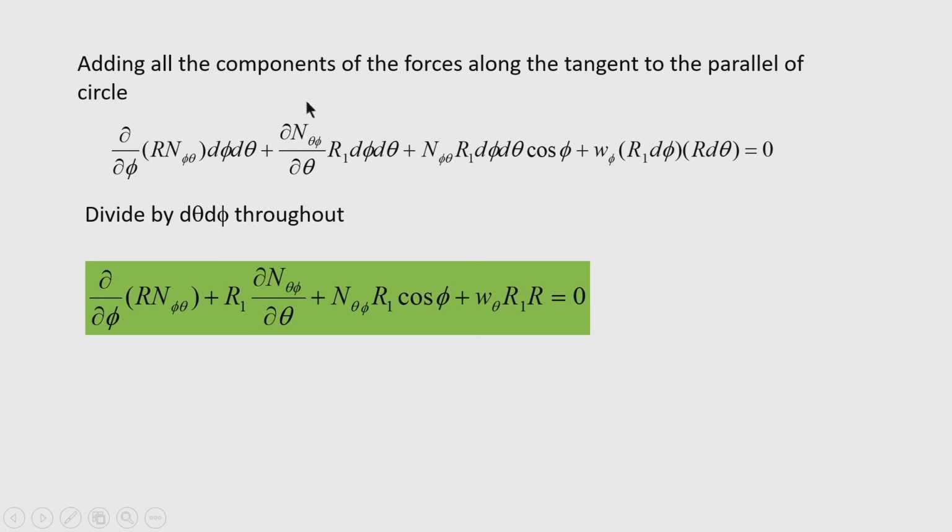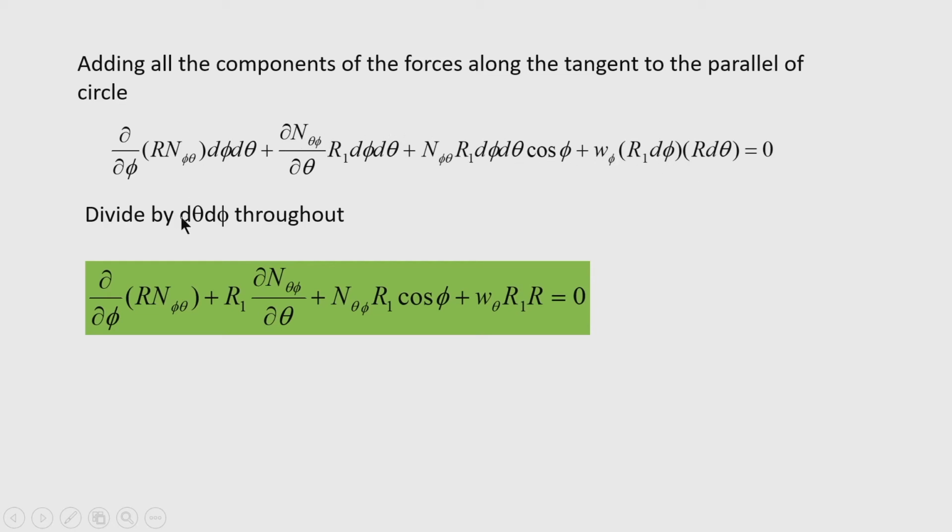Then, adding all the components of the forces along the tangent to the parallel circle, we now get del by del phi of r n phi theta into d phi d theta, plus del n theta phi by del theta into r 1 d phi d theta, plus n theta phi r 1 d phi d theta cos phi, plus w theta r 1 d phi into r d theta.